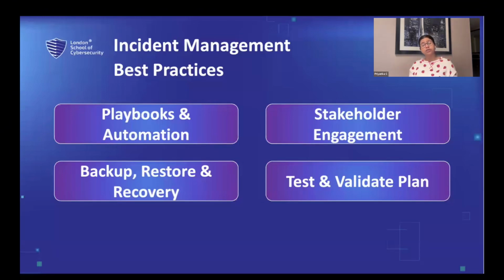You may need to talk to lawyers, you may need to talk to communication people who would make sure the messaging is correct outside the organization, or you may need to contact your management, your IT teams, a lot of different stakeholders, right? So stakeholder engagement is very, very important in incident management. If you don't know who you need to engage, then it's going to be super difficult to reduce the impact and even recover from that incident, right?